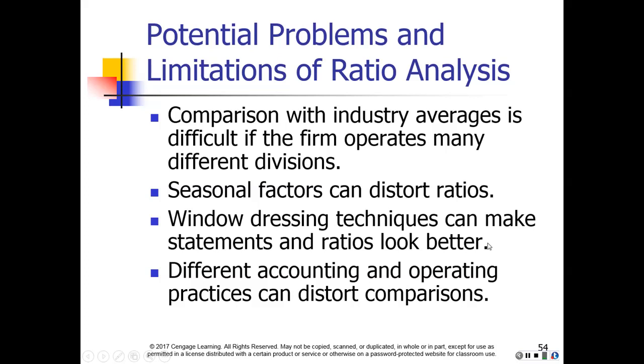From LIFO, last in first out, to FIFO, first in first out, and do some other things like you could sell some assets and generate cash for the year. Of course, that would mean the next year you won't have those assets to work for you, and it's going to be worse over the long term, but for the short term, such window dressing can make ratios look better.